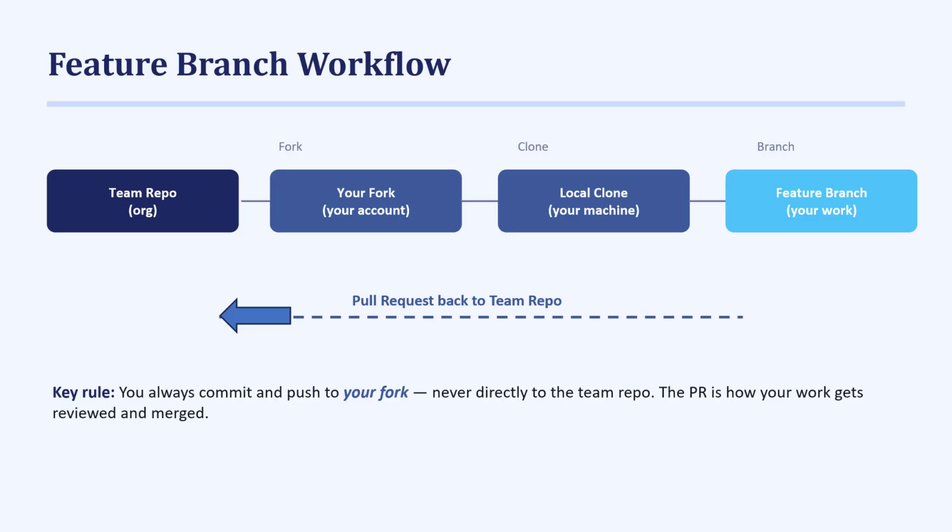And so you can kind of walk it forward to create it, and then you walk it backwards as you do your pull request. And remember, we always commit and push to the fork, never directly to that team repo, the org repo. And then that's how you would be able to create a pull request so your work can get reviewed and merged.